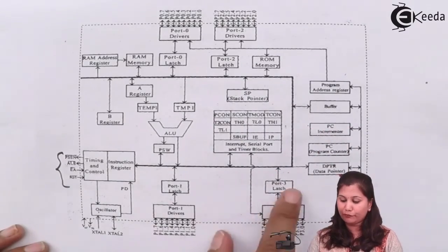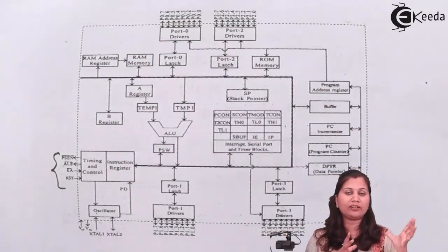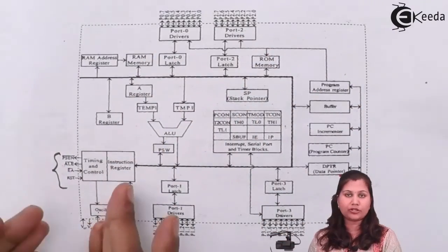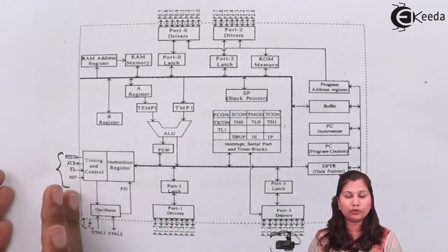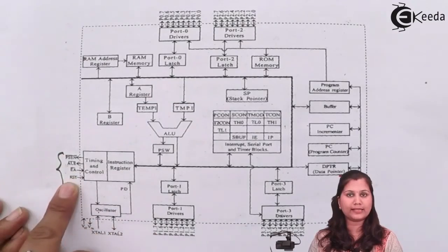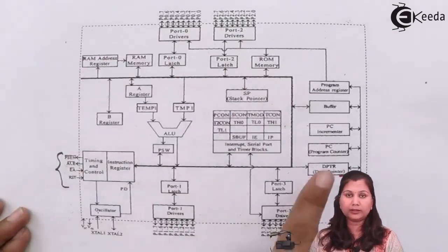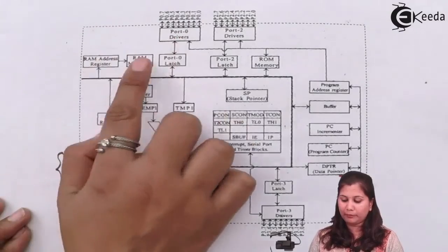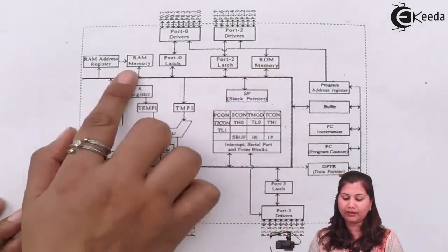Then 4 ports, each port having a driver and a latch. Then instruction register and timing and control unit, which provides the control signals to all the blocks of the 8051. And then the memory, that is ROM and RAM.